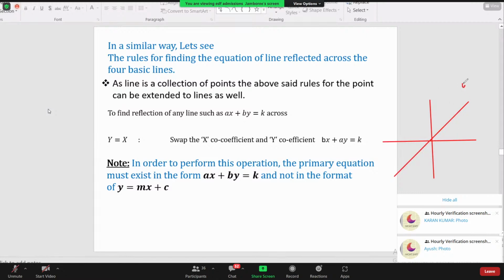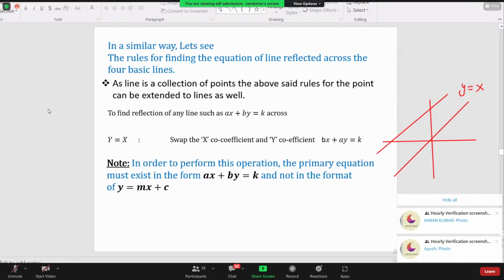Let's say there is a line y is equal to x, which will look somewhat like this. Let's say there is a line given to you and you need to find the reflection of this line along the line y is equal to x. So basically you need to find the mirror image of this line.